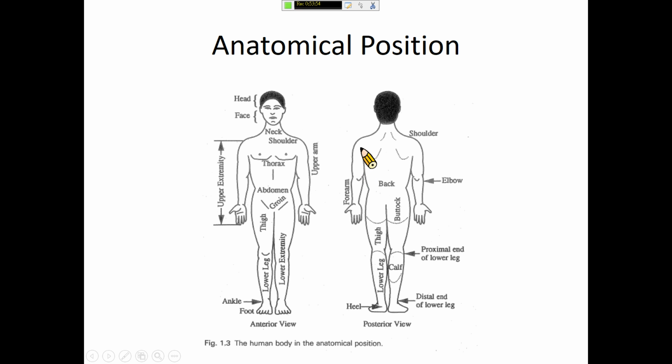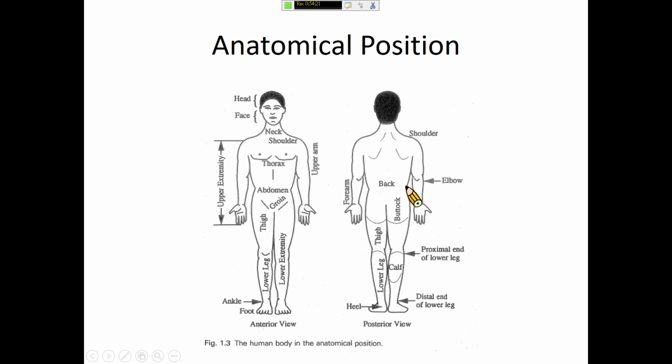You can think of this upper extremity as attached to the human body. So this end of the forearm would be proximal, and this end of the forearm would be distal.